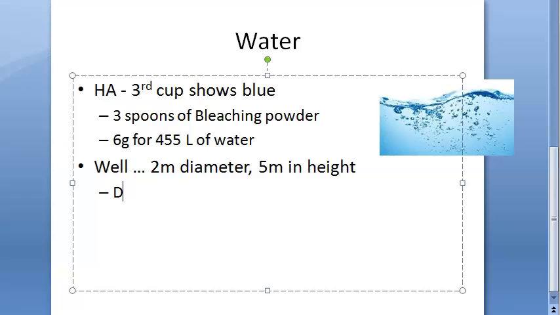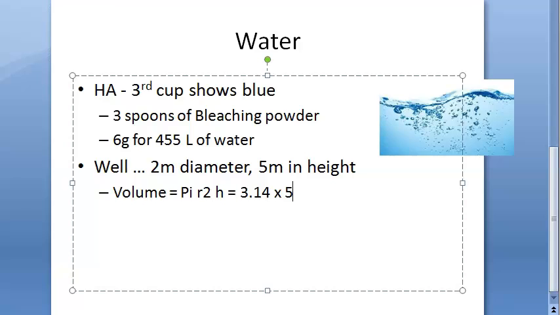Now what is the volume of the well? How will you get volume? Pi r square h will give you the volume. Pi is 3.14, and here they have given you the diameter, not the radius. So we will take the radius as 1. 1 square will be 1 itself, so we'll just remove that.